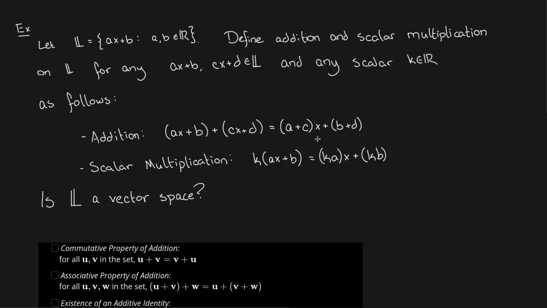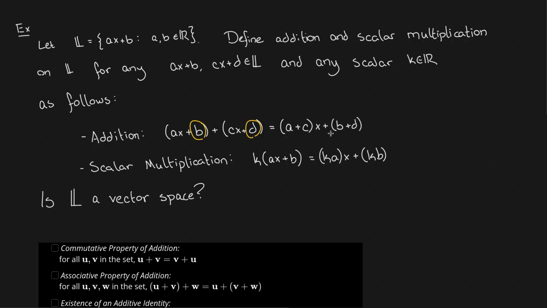So define addition and scalar multiplication on L in this way. If I take two elements in L, two of these linear functions, and add them together, I'm going to add them together in the usual way. If I just gave you this and told you to add them together, you just add together like terms. And that's what we're doing. I'm adding ax plus cx, so I get a plus c x.